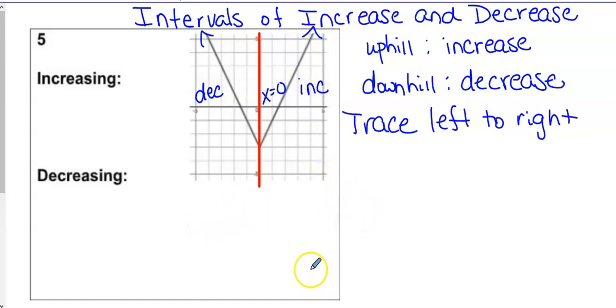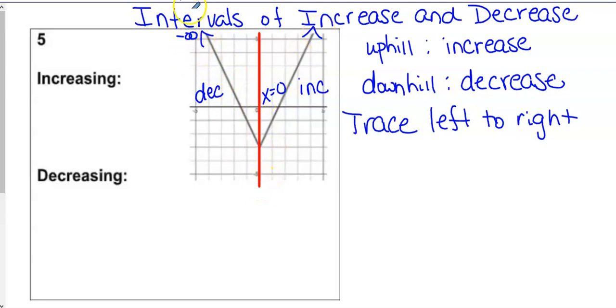So I want to look at this side and determine what that interval is. Again, I'm looking at x values. As I move from left to right, it's coming from negative infinity, kind of like we do domain and range. It's kind of like domain, but we're cutting it in two pieces, okay?